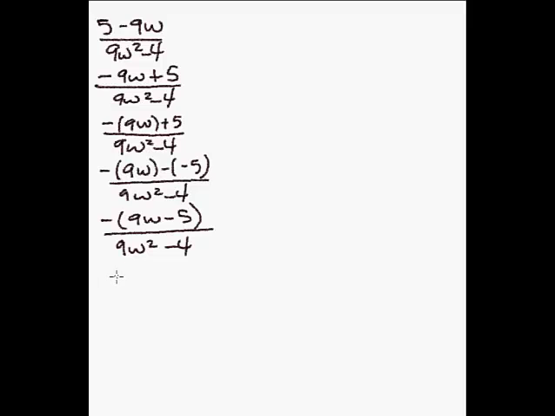Now let's move the minus 1 to the front of the fraction. The binomial can be factored using the difference of squares because both terms are perfect squares. The difference of squares formula is a squared minus b squared, which factors to a minus b times a plus b.